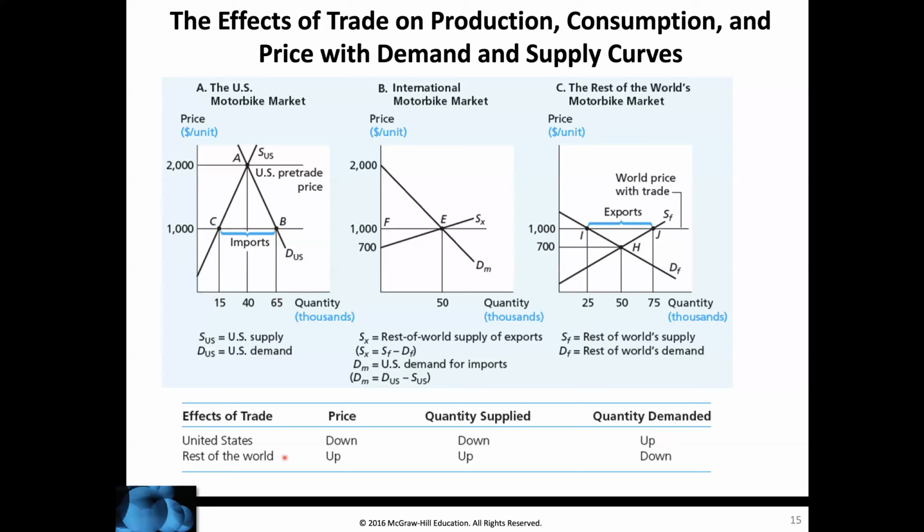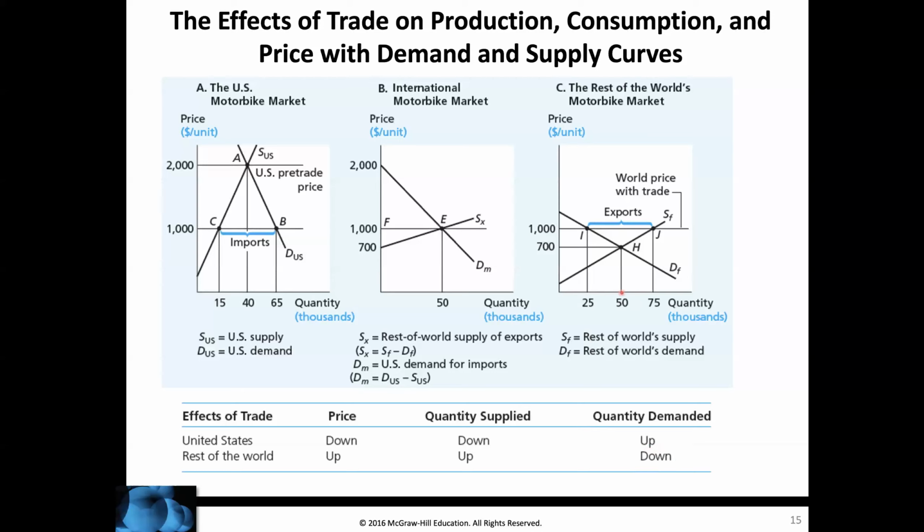If we look at it from the perspective of the rest of the world, the price went up. It went from 700 up to 1,000. The quantity supplied domestically went up, and the excess is exported to the US. And we see what happened in the rest of the world is the quantity demanded actually went down.